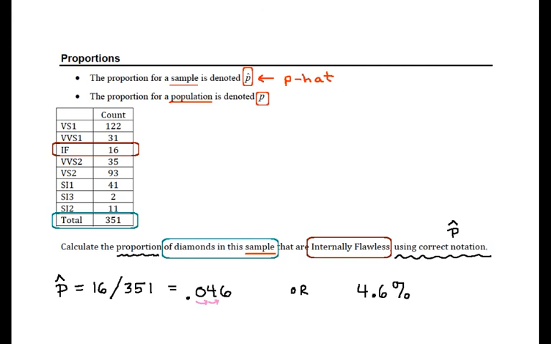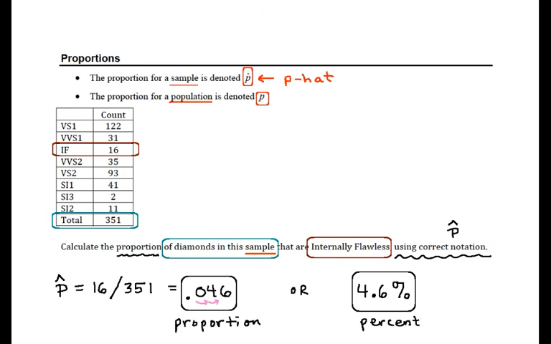Be sure to look at the instructions to see whether you're asked for a proportion or a percent. Also, think about the number of decimal places. If we were asked for a proportion to 3 decimal places, this would be our first answer.